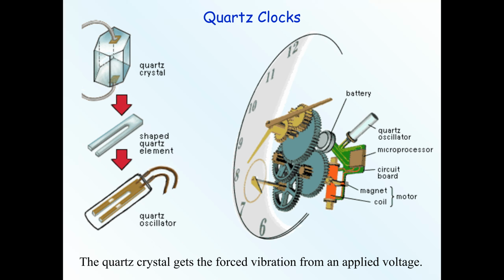Quartz watches have a quartz crystal, which is shaped into a quartz oscillator, and as electricity is put into this, it makes it vibrate at a certain frequency. Those vibrations then control all the mechanisms inside that clock.